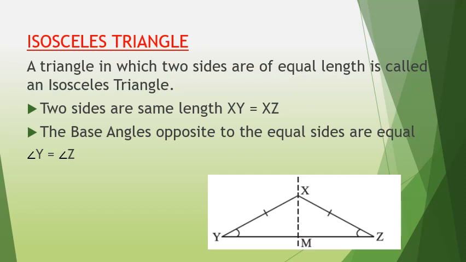The figure triangle XYZ is an isosceles triangle in which XY equal to XZ, and the angle opposite to the side XY is angle Z and the angle opposite to side XZ is angle Y. That is, angles opposite to equal sides are equal in measure. That means angle Y equal to angle Z.